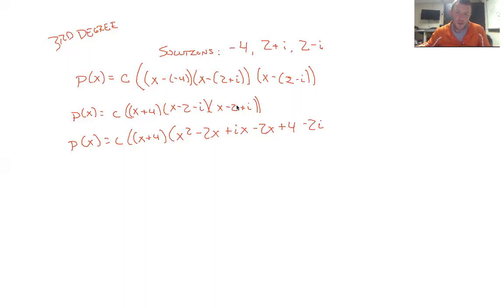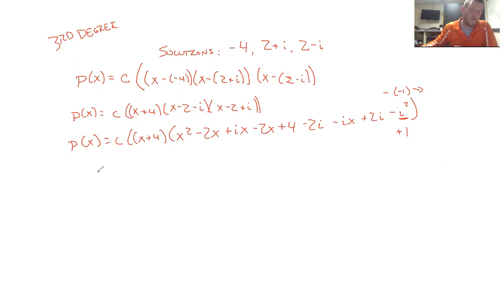Let's see. -2 times i was -2i. -ix would be the next one. -i times -2 is positive 2i. And -i times i would be -i squared. Remember, this is the same thing as -1. Oh, I don't really like that. So it would be minus -1. Okay, which in turn would mean this at the end would be plus 1.